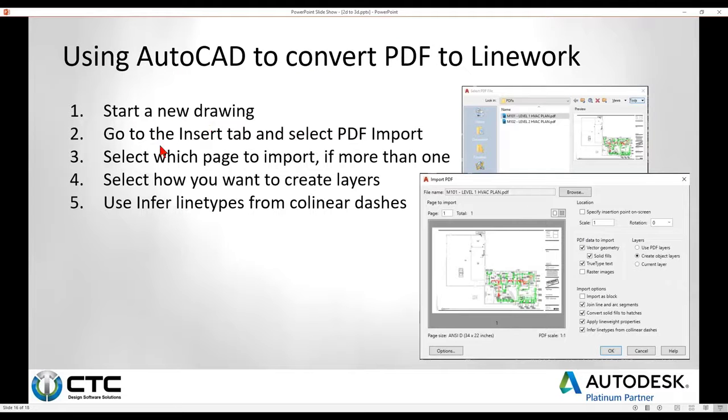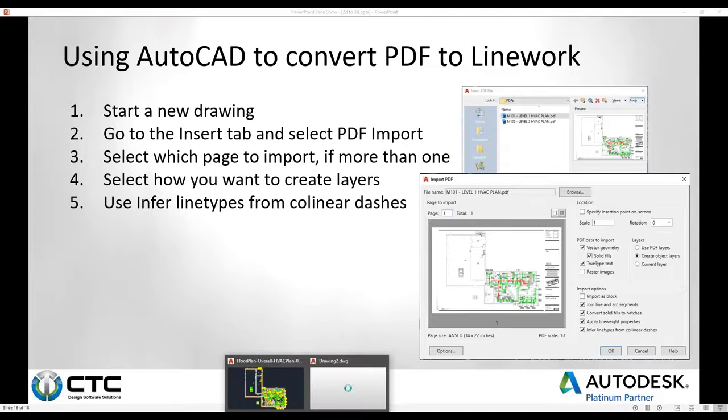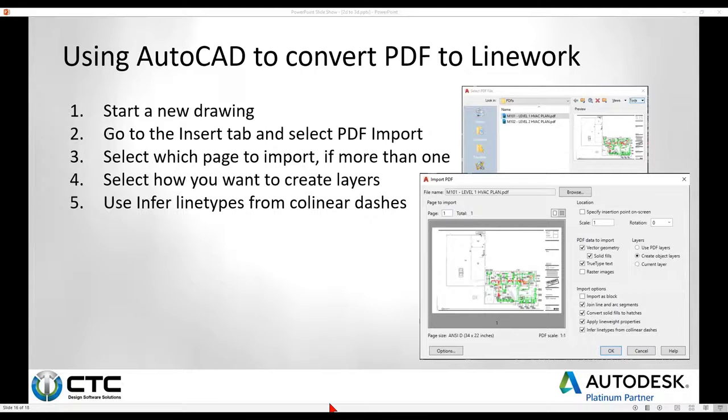So we start the new drawing, go to the Insert tab, and then grab the page you want to import if there's more than one, and select how you want to create the layers. Lastly, we want to use infer line types from collinear dashes. So let's jump back to AutoCAD and look at that.